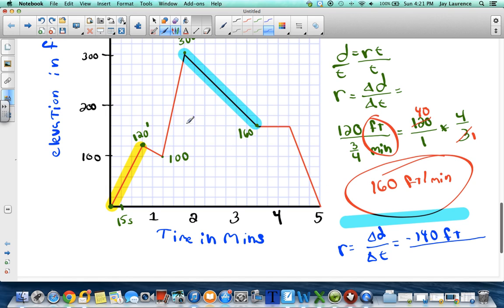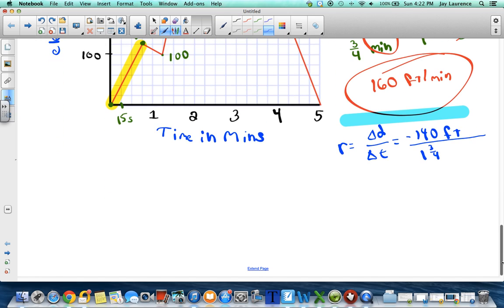Now the time, it looks like it's going from here to here. There's 1 minute, and then 15, 30, 45. So a minute 45 seconds, that'd be like 1 3/4. Now I don't want to use 1 3/4. I personally think it's harder to use that, so I'm going to use an improper fraction. 4 times 1 plus 3 is 7, and I'm dividing by 4.